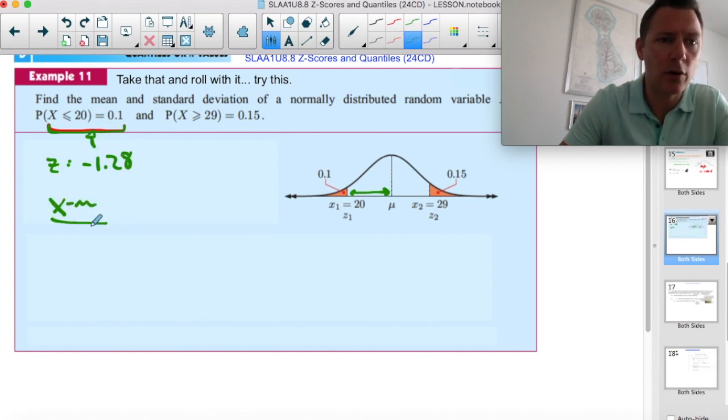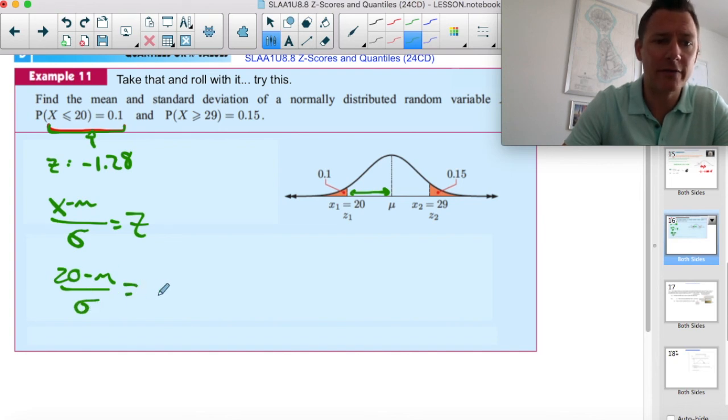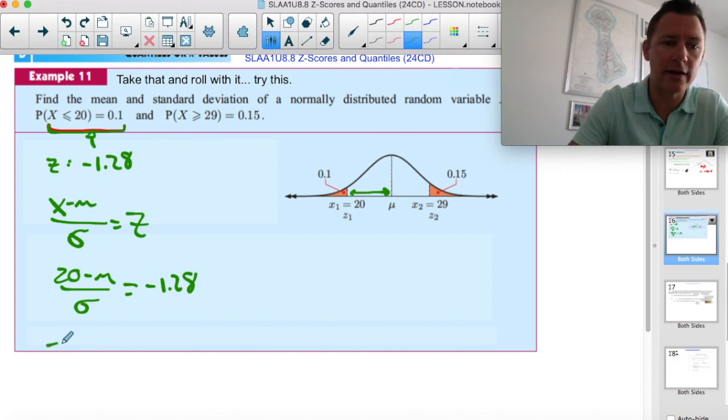X minus mu over the standard deviation equals the z-score. 20 minus mu, I don't know mu, and I don't know standard deviation, but the difference here divided by the number of standard deviations should be negative 1.28. Another way you could look at it is the distance between 20 and the average is negative 1.28 of a standard deviation. There's one equation.